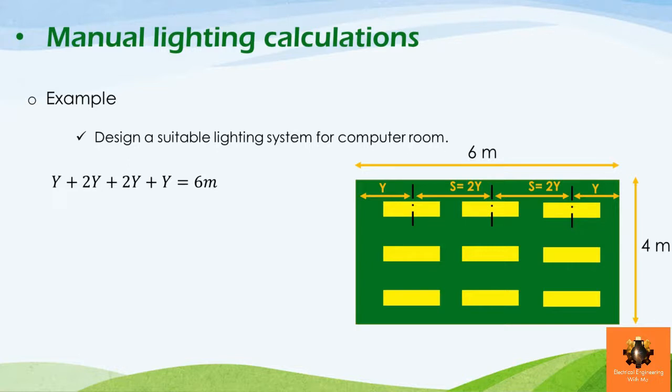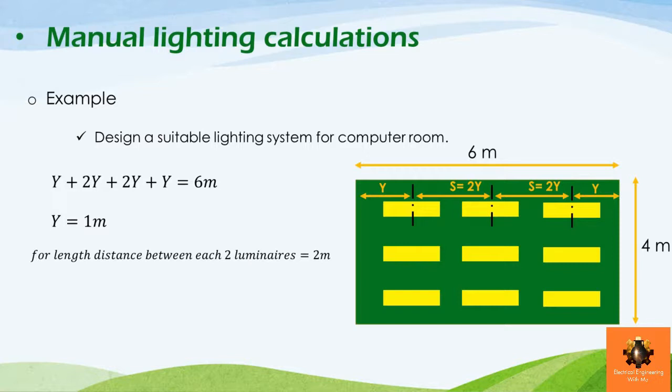When solving this equation, we will find that y equals 1 meter. This means that the distance between the room wall and the luminaire will equal 1 meter, while the distance between each luminaire and the other equals s or 2y, which equals 2 meters. So that's for the luminaire position across the room length.